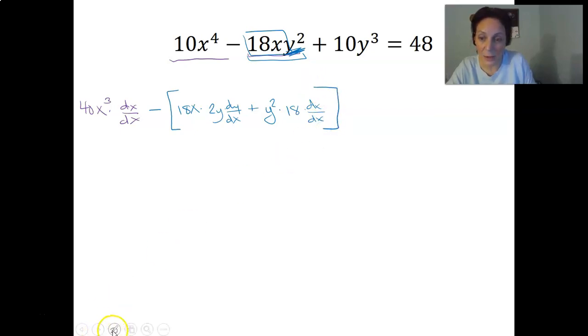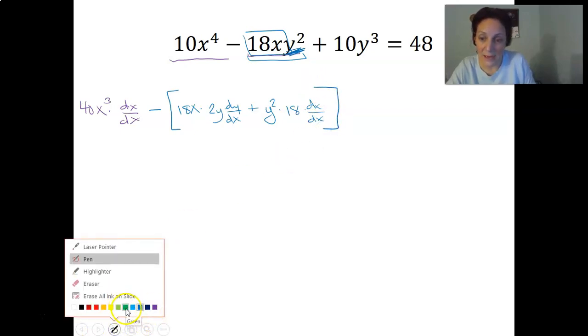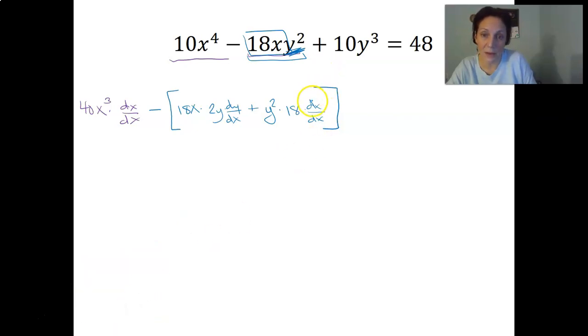Now again, I cannot stress enough that I did not do the dy dx or the dx dx until the moment I took the derivative of that piece. When I took the derivative of y squared to 2y, I added the dy dx. When I took the derivative of 18x to 18, that's when the dx dx came in, and not a moment sooner.